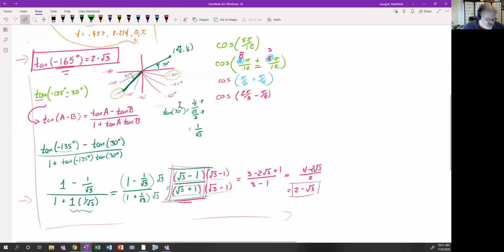Now, for our purposes, frankly, if you want to know what the tangent of negative 165 degrees is, the decimal approximation is probably sufficient. You'll be doing some problems like this in radians, like the cosine of 5 pi over 12, mostly to practice using these tools and these manipulations. But it does have some interesting history behind it.